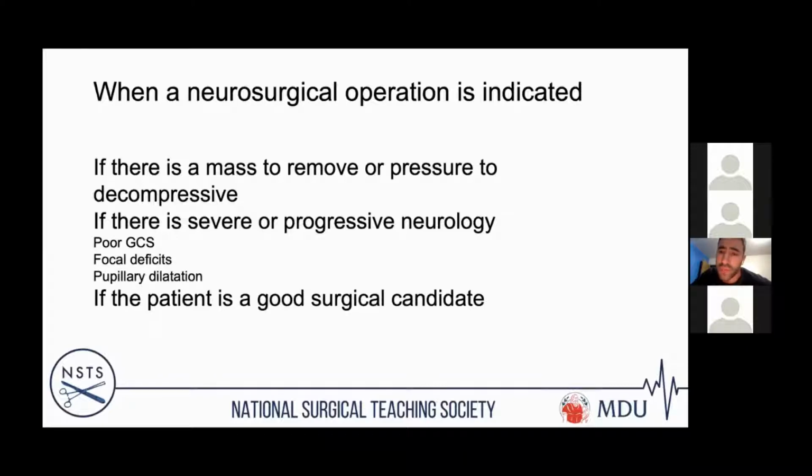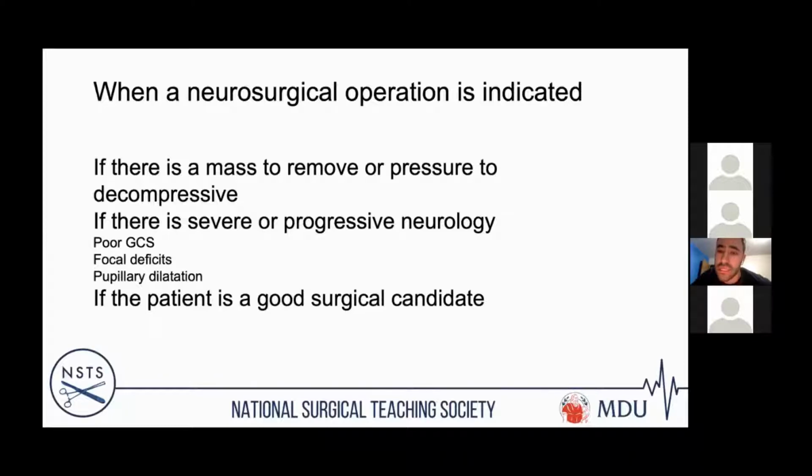That's if the patient's GCS is poor or changing and dropping, if there are focal deficits, again, if they are worsening, and if there's pupillary dilatation. Usually if there's unilateral or bilateral, but either or, if the pupils are dilated and fixed, then that hints at severe pressure intracranially that can potentially be decompressed surgically.